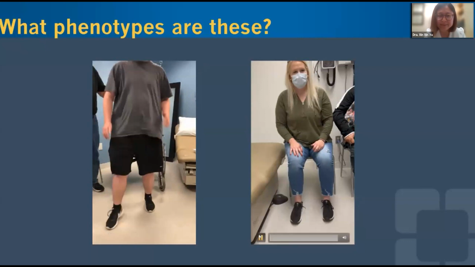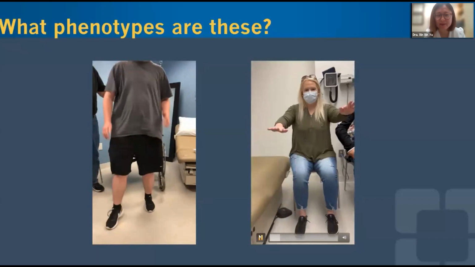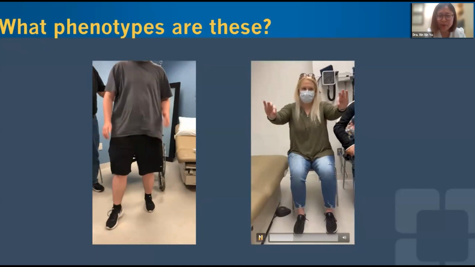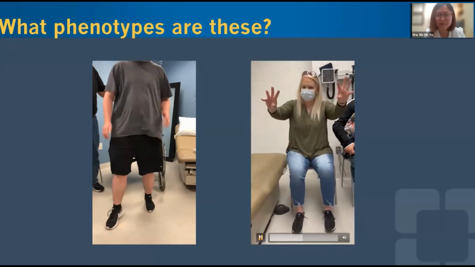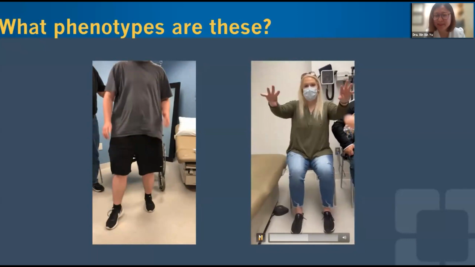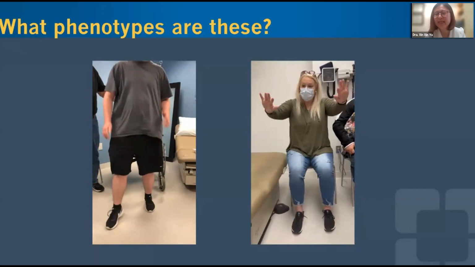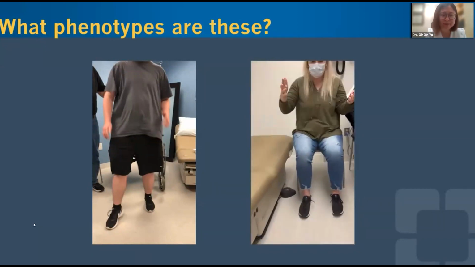And how about this? So it appears to be kind of a tremoring phenomenon. But then there are also some jerky components to it. So my point is that they really don't fit with any specific phenotype, not truly myoclonus nor tremor.